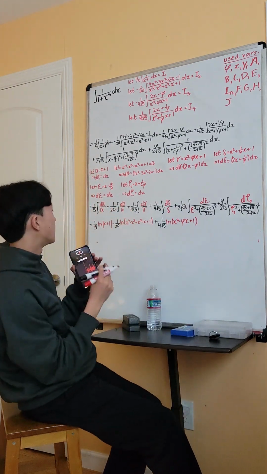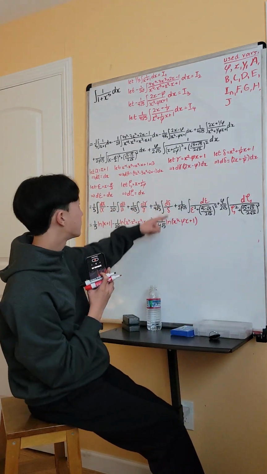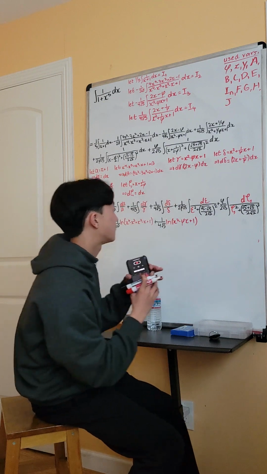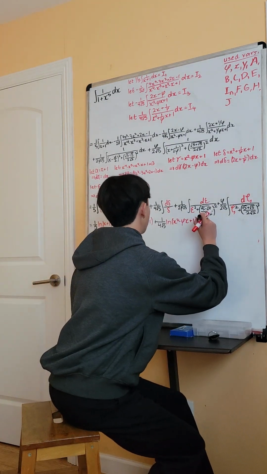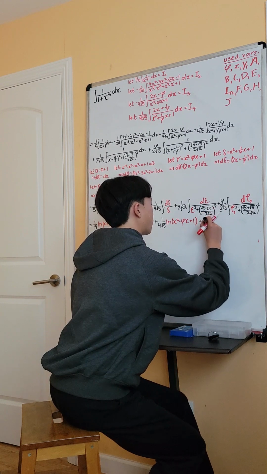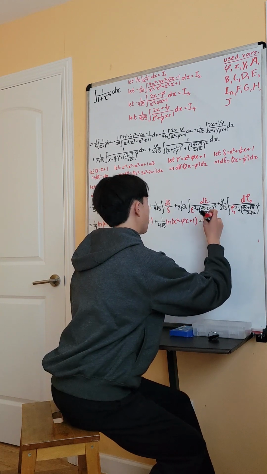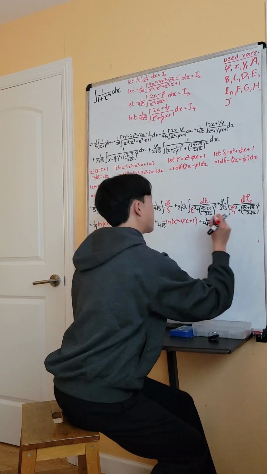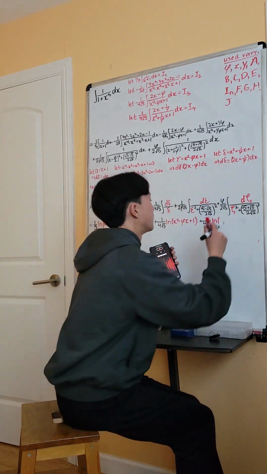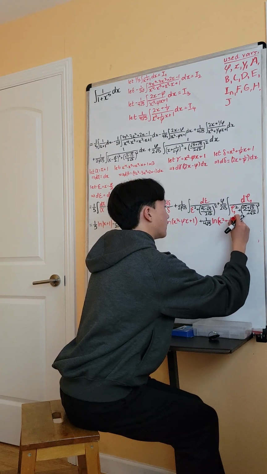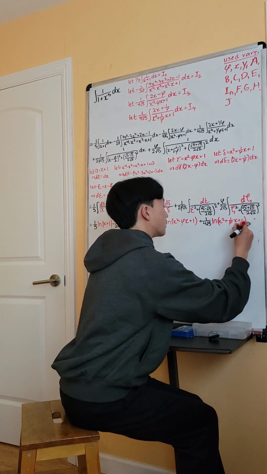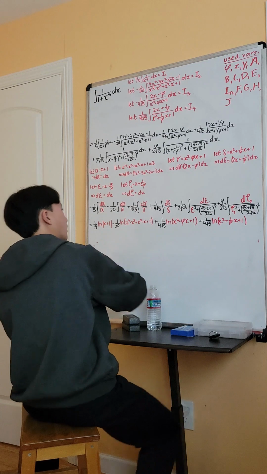Okay. Then next term, d delta over delta, we have just natural log of delta along with the coefficient. So we got plus 1 over 4 root 5 times the natural log of delta. Delta is just that. So we have x squared plus 1 over phi x plus 1. Okay. I'm going to go to the next row.